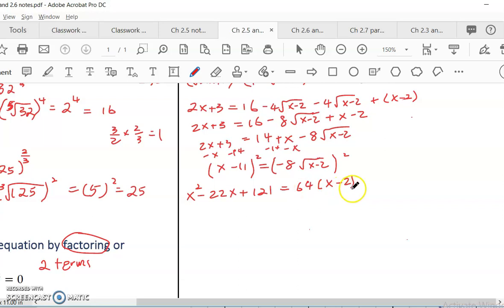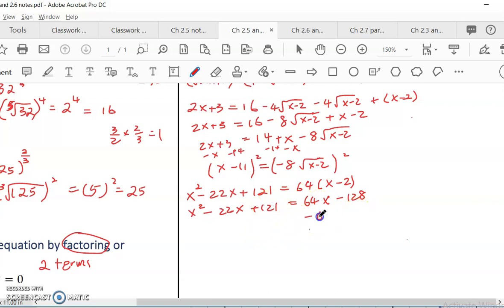So finally, our last radical is gone. Now it is a quadratic equation. So we would combine everything. 64x minus 128, right? And this is x squared minus 22x plus 121. So the only way to do is factoring.